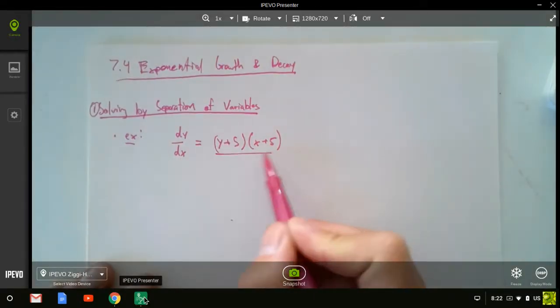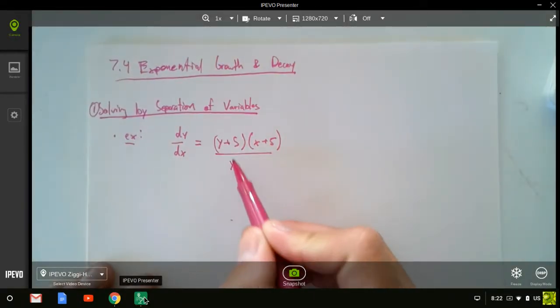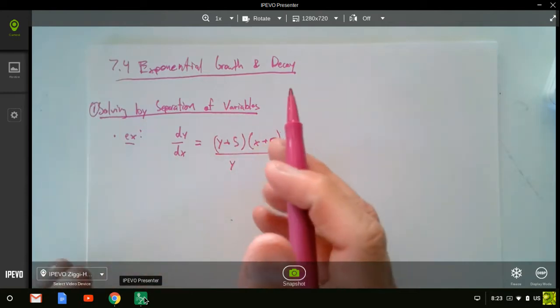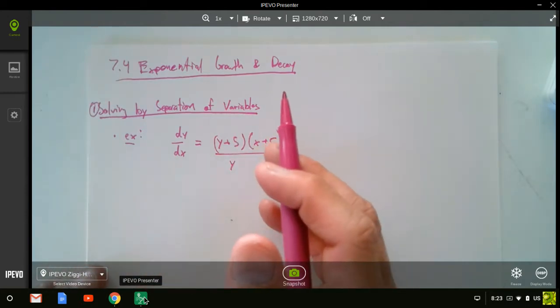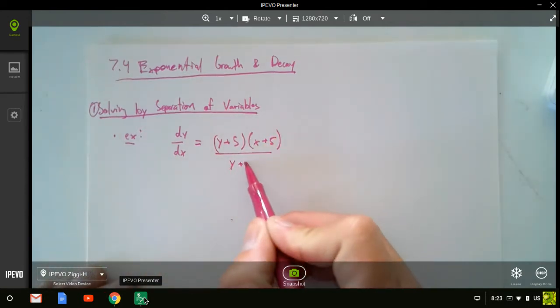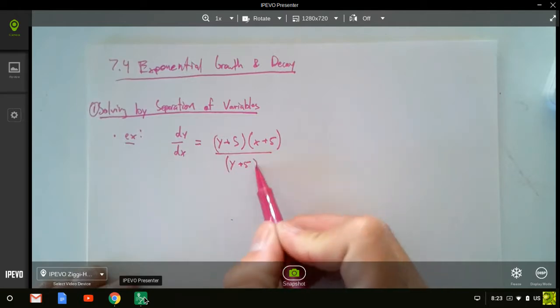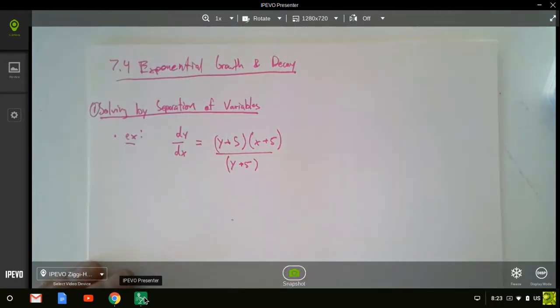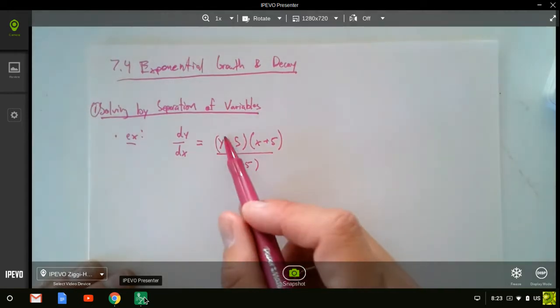You're going to divide both sides. Let's try to get all the y's on the left side. I think that's intuitive for us; we might have learned to get all y's on the left side and all the x's on the right side. It's completely arbitrary, okay? So we're going to divide one side by y plus 5.